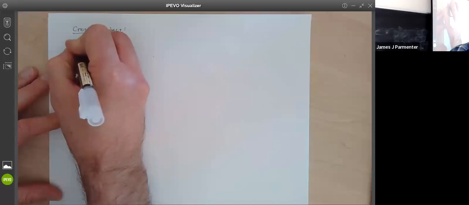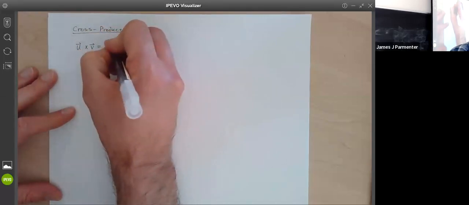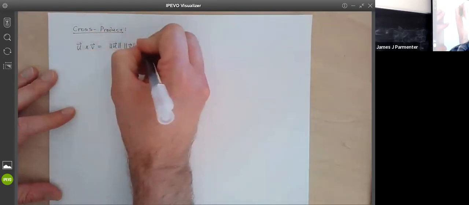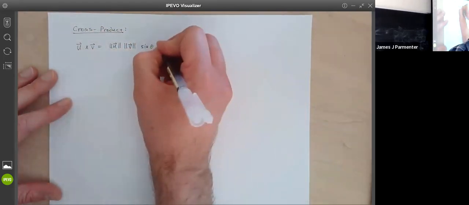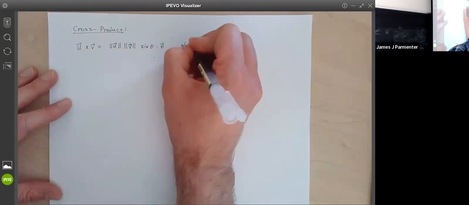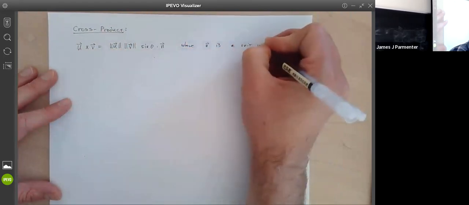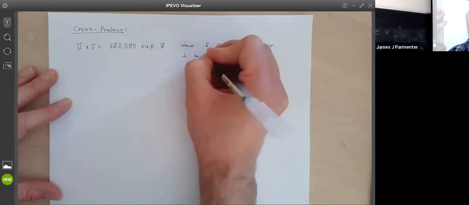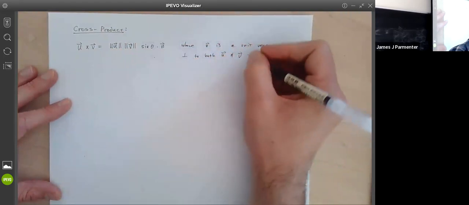You can think of U cross V as the magnitude of U times the magnitude of V times sine of the angle between them times the vector n, where n is a unit vector, meaning length 1, that is perpendicular to both U and V.